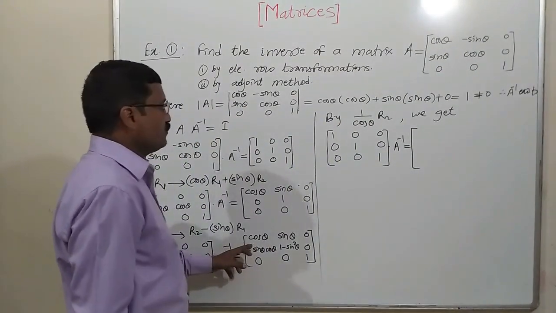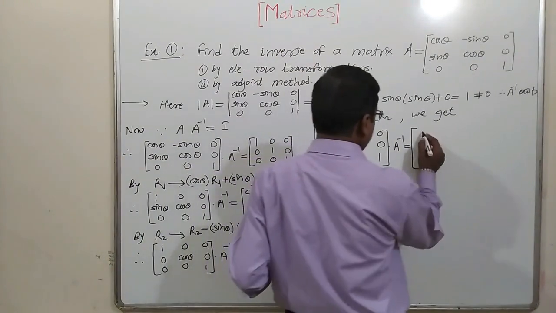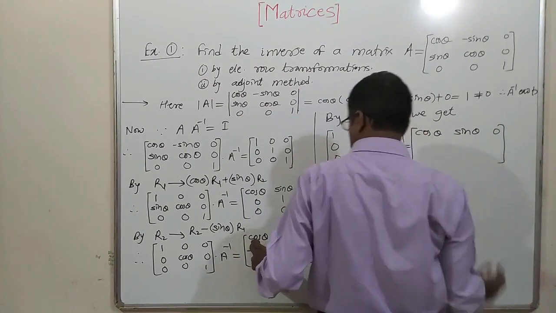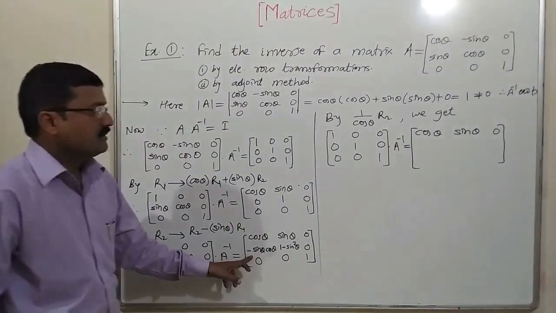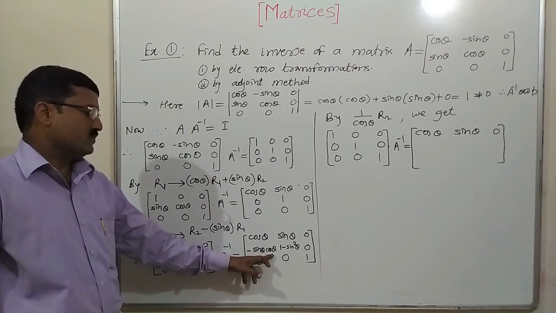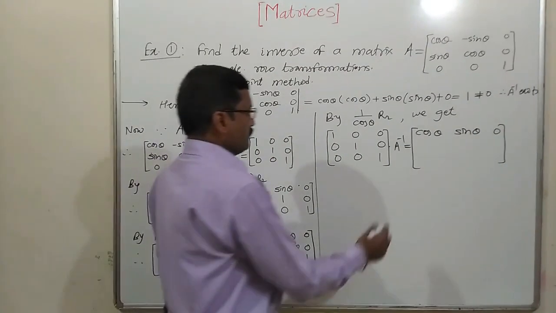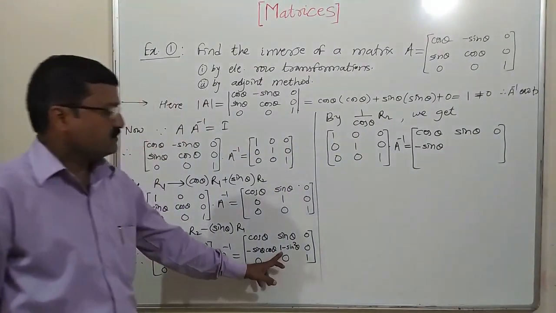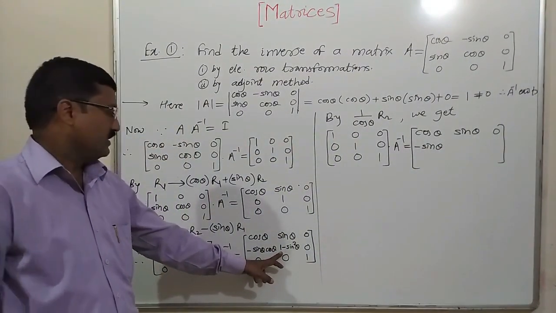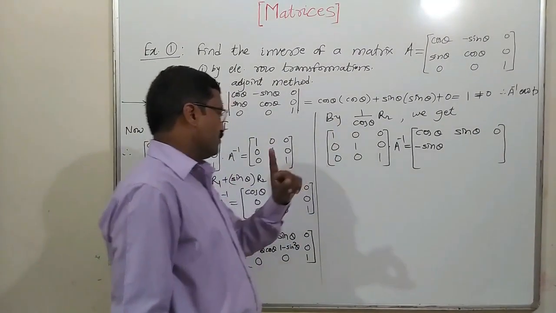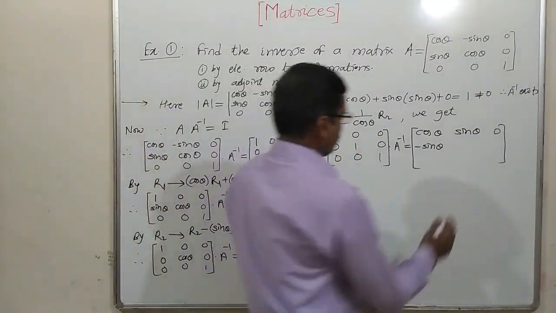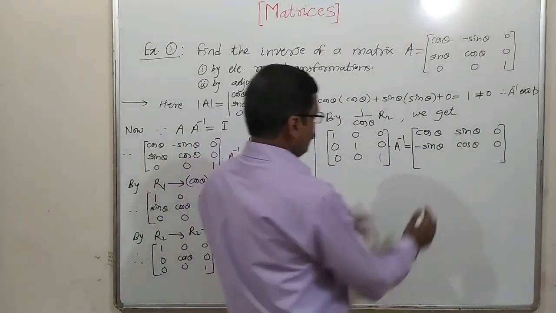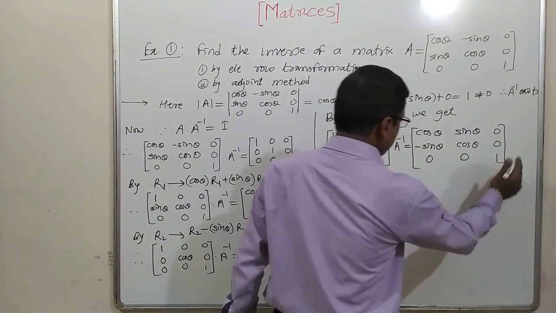Now the first row as it is, cos theta sin theta 0. In the second row we are dividing by cos theta, so cancelling cos theta remains only negative of sin theta, that is minus sin theta. Now this second element is 1 minus sin square, that is equal to cos square, and we are multiplying with 1 upon cos, so one cos gets cancelled, remains only one cos, so that is cos theta. Third element is 0, no change, and in the third row there will be no change.